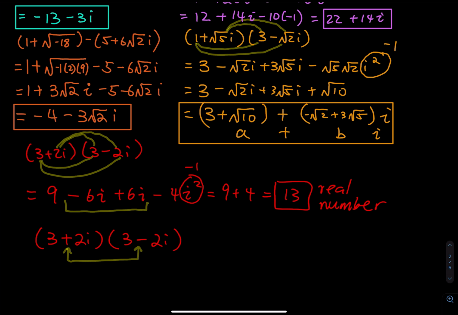That means the minus is a conjugate of the plus, and the plus is a conjugate of the minus. So they are the conjugate of each other. When you multiply the conjugate, the answer is a real number. Conjugate means the signs are opposite. So regarding complex conjugates, we will discuss that in the next video.